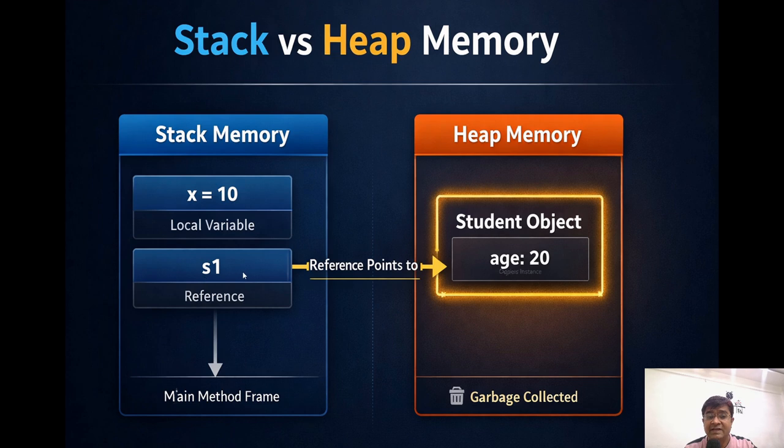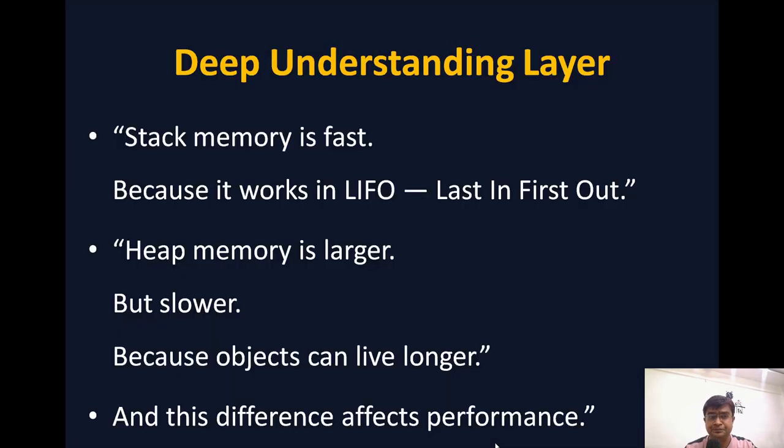This reference points to the Student object. When we create the object using the new keyword, s1 points to the Student object, and inside the object age equal to 20 is stored in the heap memory. And heap memory also has a garbage collector.